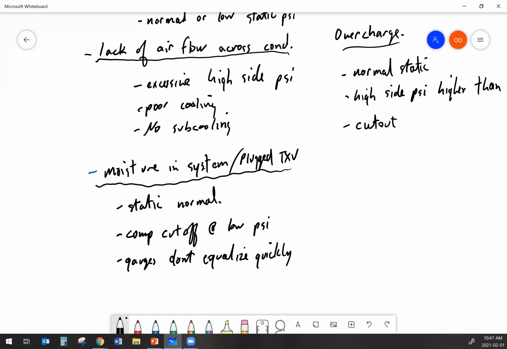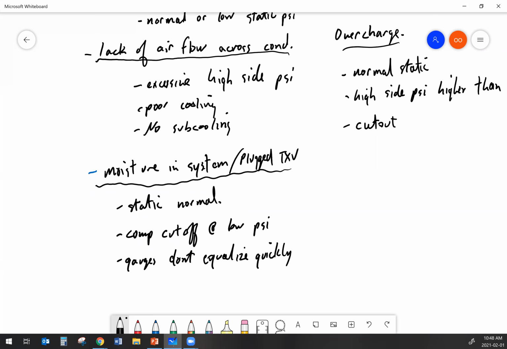If it takes a really long time for them to equalize, chances are the expansion valve is plugged with moisture. If they just pull apart and stay there, or they equalize very, very slowly, and they're always doing that, it's probably a plugged expansion valve. If you got a restricted expansion valve, not 100% plugged off, it'll pull down and it'll slowly come back up. Compressor kicks on for a bit, AC works, just a brief blast of cold, and same thing happens over and over.